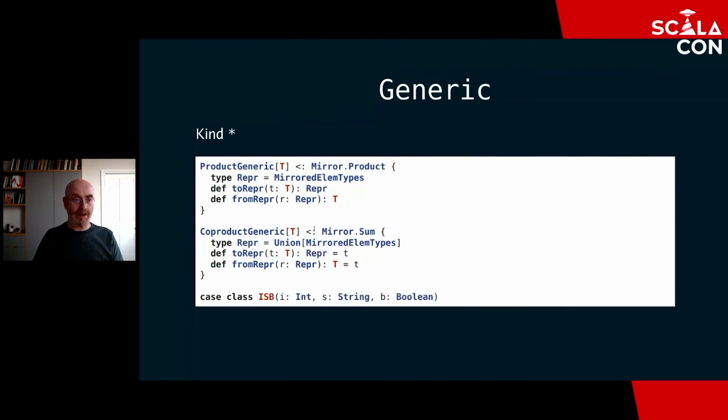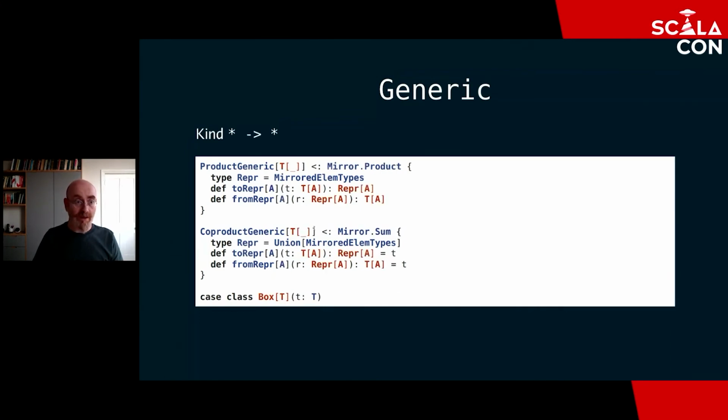So you can see this is generic for types of kind star, but we also have generic for types of kind star arrow star. This now corresponds to Shapeless 2's Generic1. This would be something that allowed you to, for example, define a functor type class derivation for a type like list or box, as I've illustrated at the bottom of the slide here.